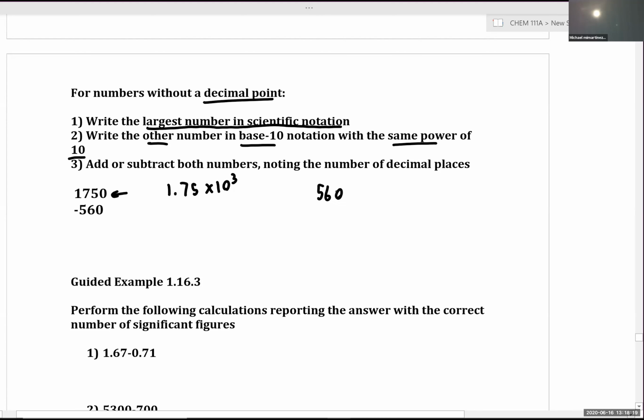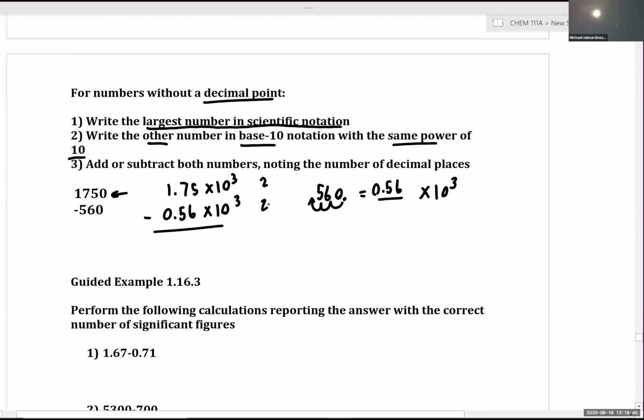So 560 is equivalent to what times 10 to the third? So to do that, we move our decimal point 3 spaces to the left, and that gives us 0.56. So we have 0.56 times 10 to the third, and now we just subtract these two numbers as normal since they have the same power of 10.